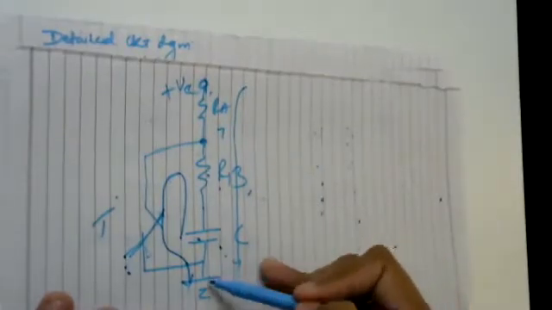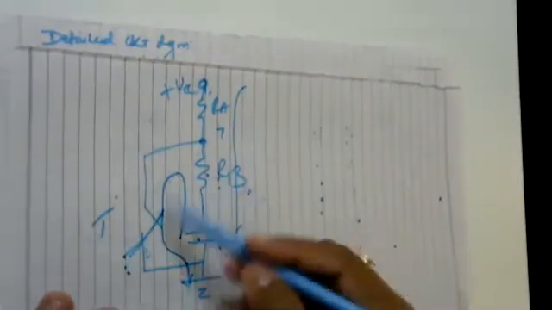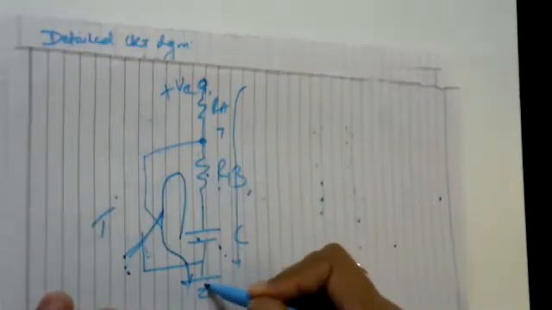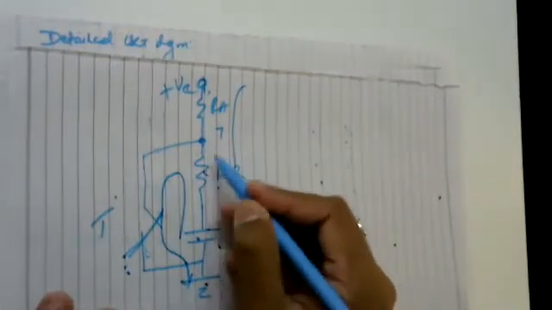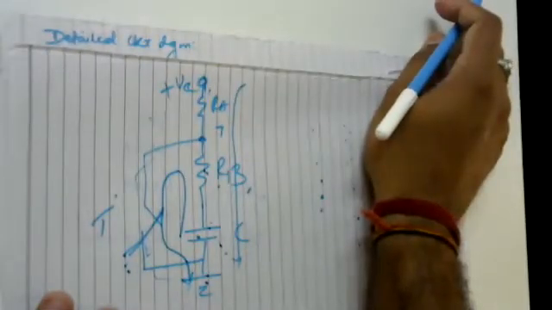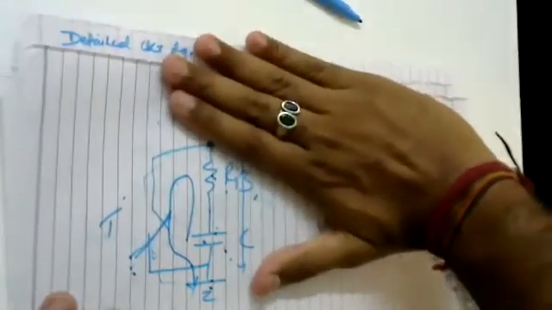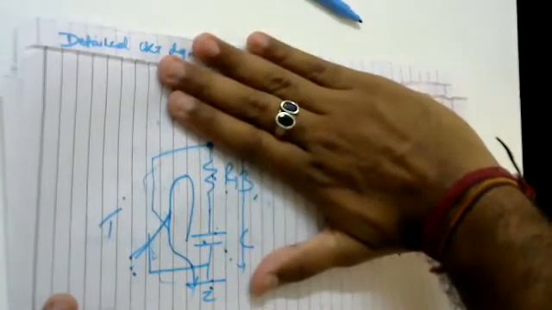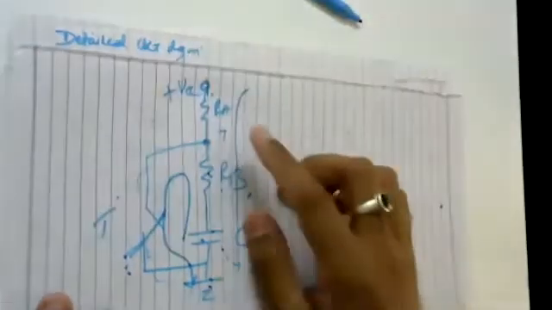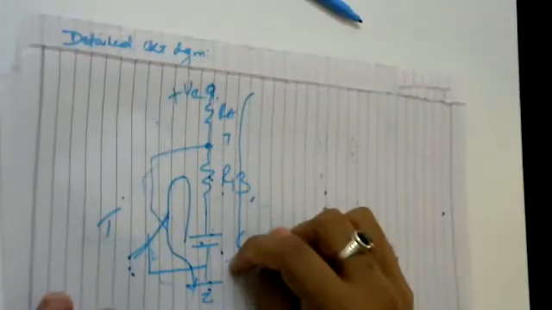In order to close the loop, it moves from ground to C, C to RB, RB back to the ground. So this part of circuit is nowhere concerned. Only these components are involved. That is RB and C are involved during discharging. During charging, it is RA, RB and C, because it wants one path from VCC to ground.